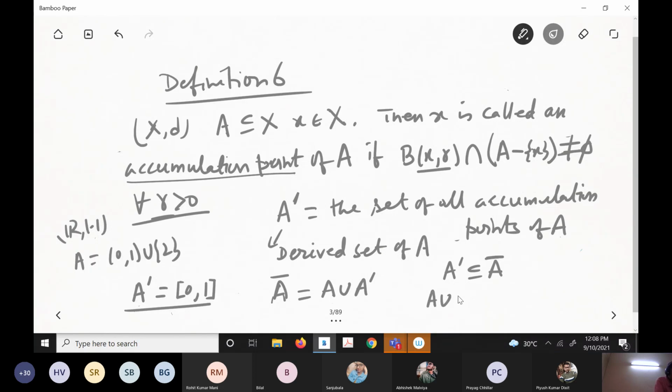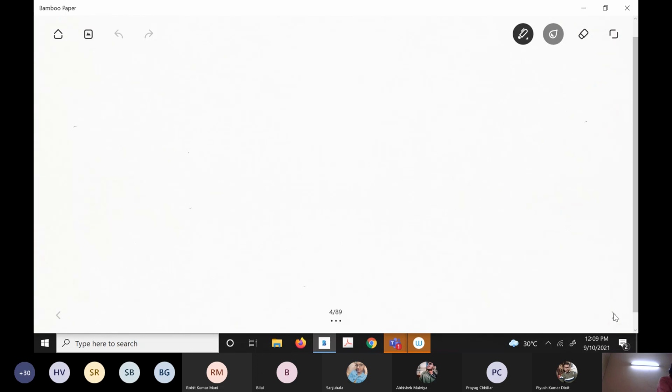So A union A prime will be contained in A bar. So you need to prove the other direction, that A bar equals A union A prime.